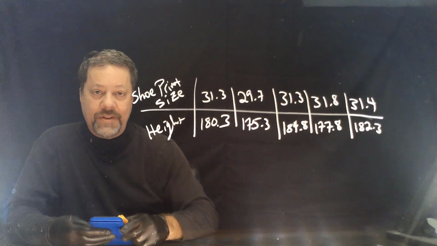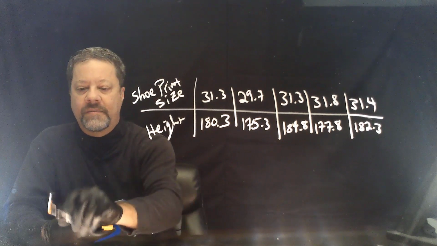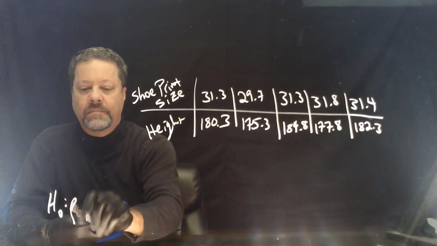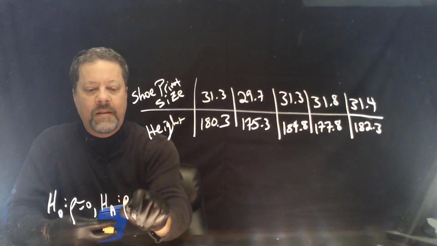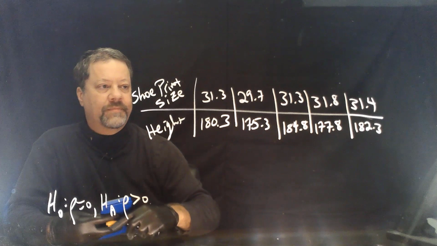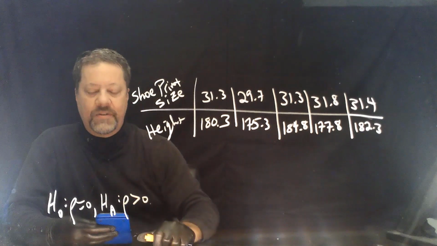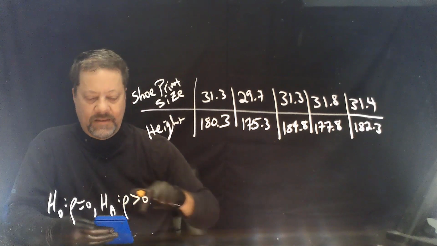We'll have as the alternative hypothesis that rho is positive. There's an increasing relationship with height along with shoe size.